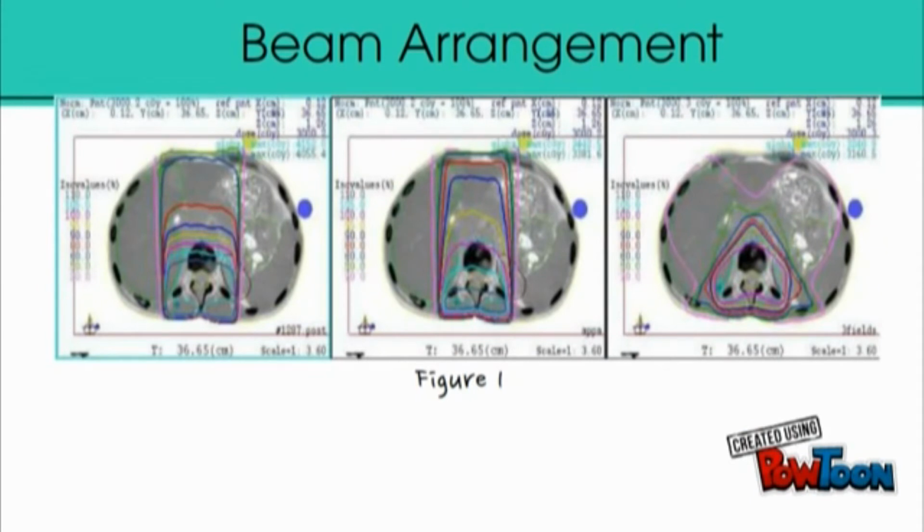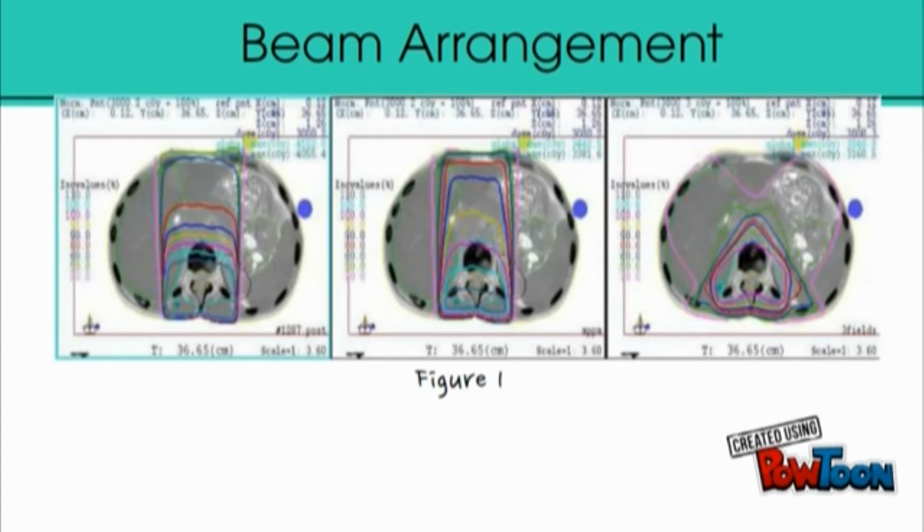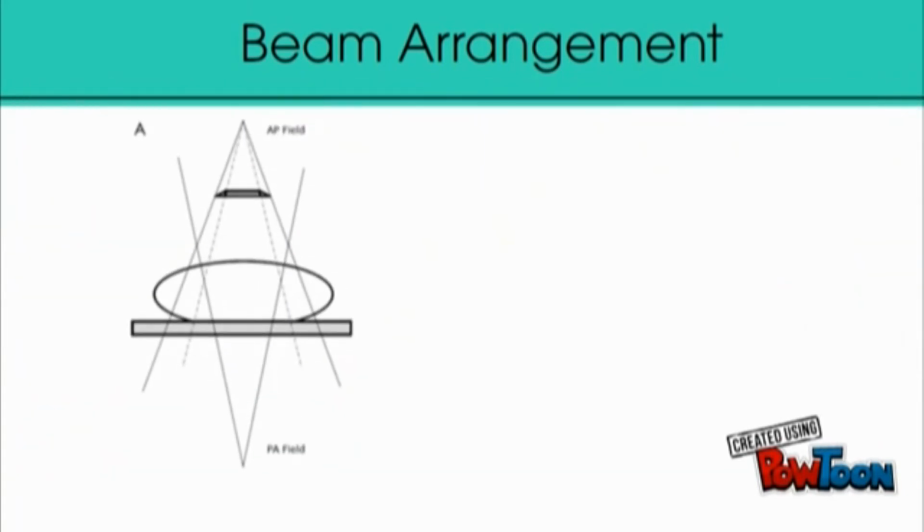Beam arrangements. Figure 1 shows the conformal plans for spinal irradiation: single posterior field, APPA fields, and 3D conformal involving multiple fields. Referring to ICRU report 50, the conformal plan for the single posterior field does not comply with the ICRU 50 recommendations for PTV dose distribution.